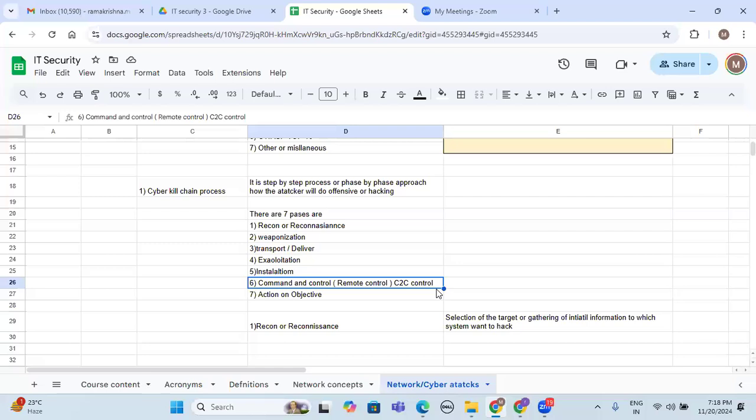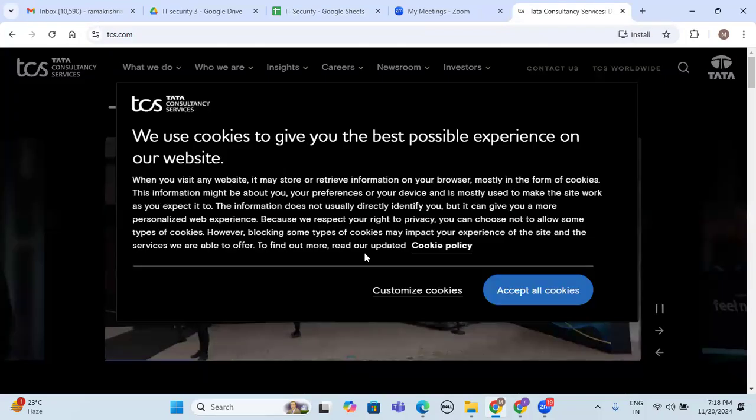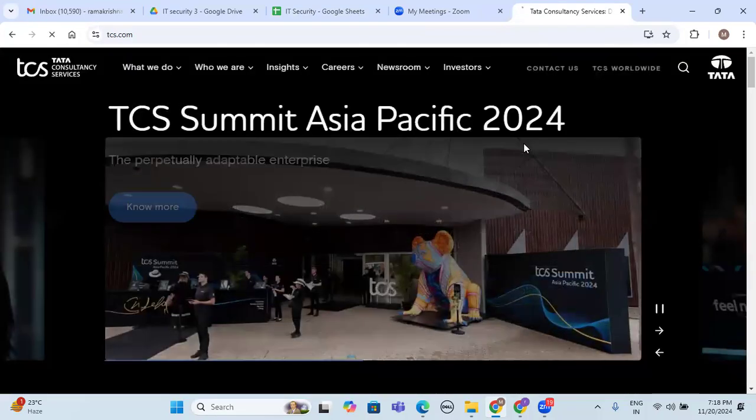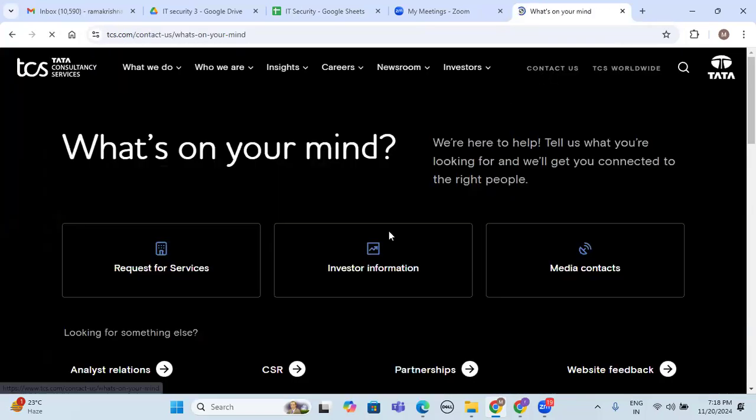Or else, what is another way we can hack the CEO of TCS's email? So tcs.com. If you go here, contact us. Every website normally provides a contact us page. Let's go and see whether an email address is available.